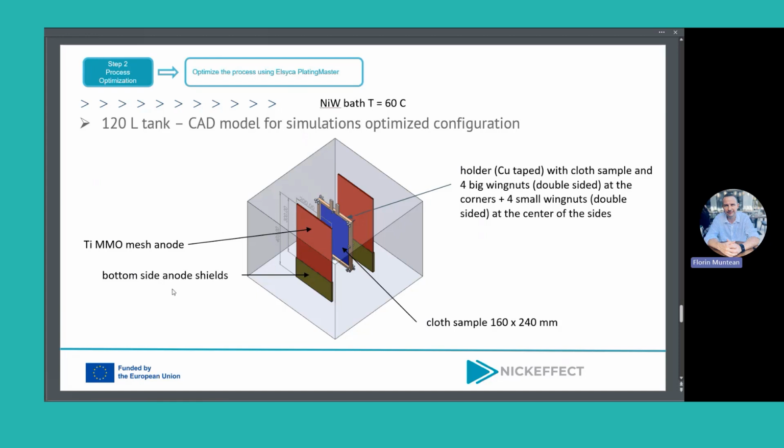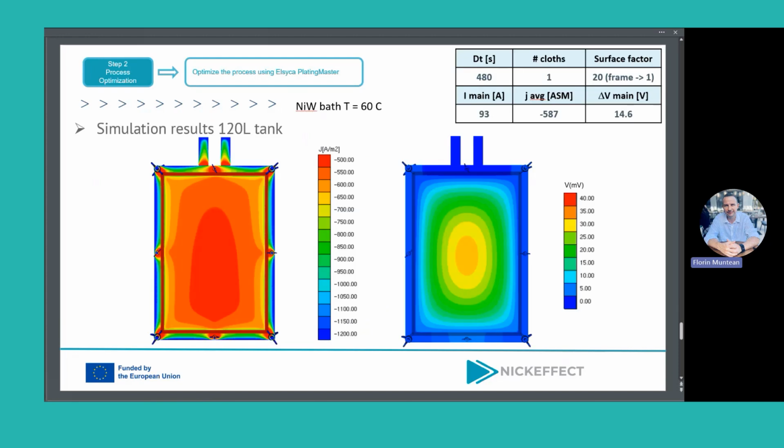And also we added some anode shields for covering these titanium mixed metal oxide anodes, and this improved the distribution of the deposit, and what we see here is the current density.